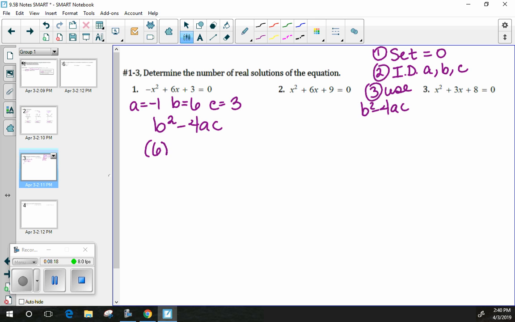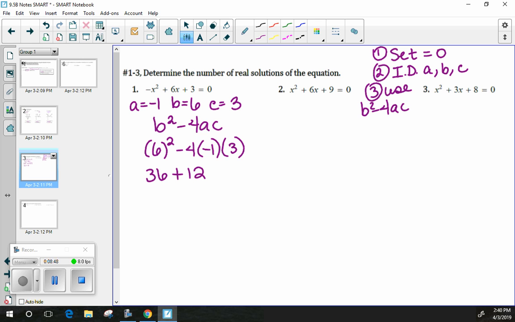So here, b squared is 6 squared minus 4 times -1 times 3. And then we just simplify this carefully with order of operations. So 6 squared is 36. And then -4 times -1 is +4, and +4 times 3 is 12. So the product of those three things gives us a +12. Do we agree with that?